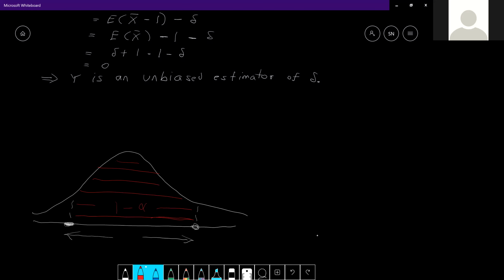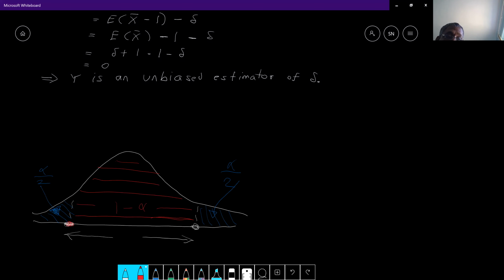So the area on this end could be alpha by 2, and the area at this end could also be alpha by 2. The entire area must be 1. So the interval between 2 points makes up a confidence interval.